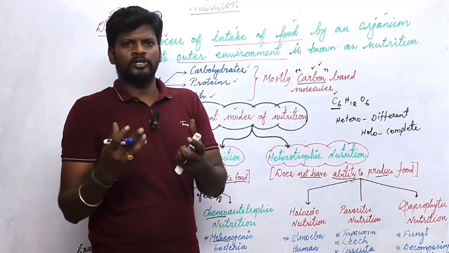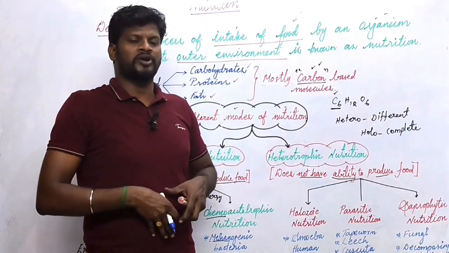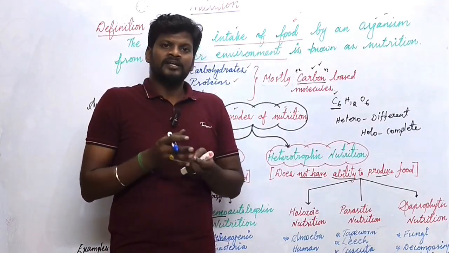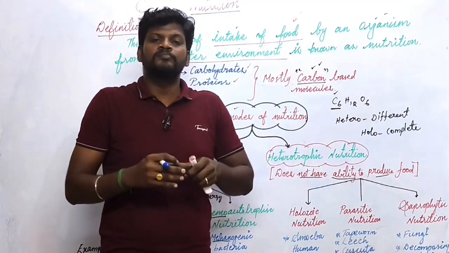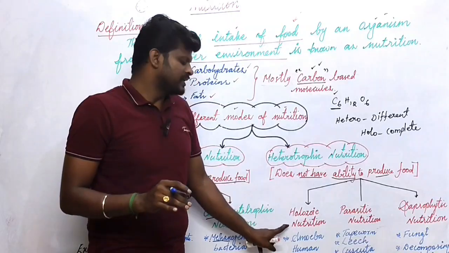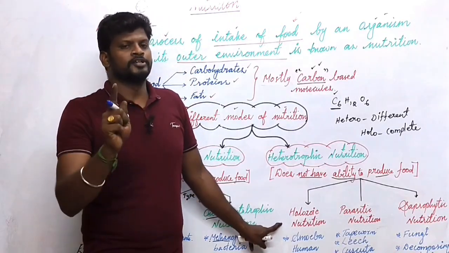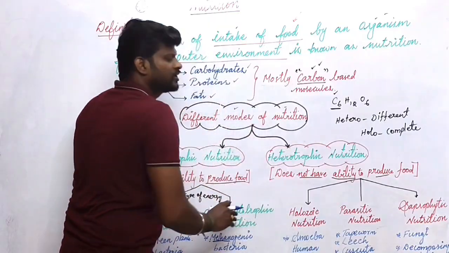Organic food is a complex molecule, right? So certain organisms will take complete organic food into the body, and inside the body these complex organic food materials will be broken down into simple inorganic substances. Such kind of nutrition is called holozoic nutrition. Say for example, amoeba.